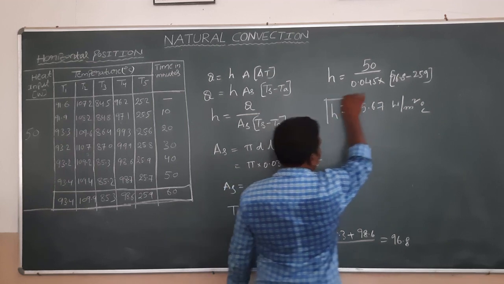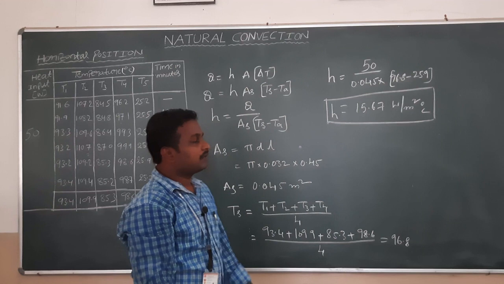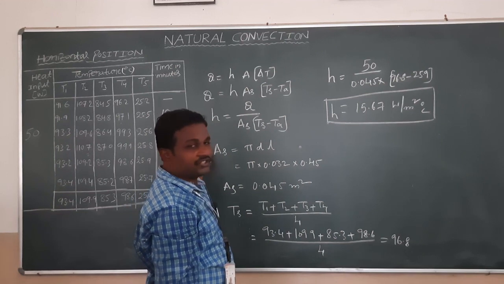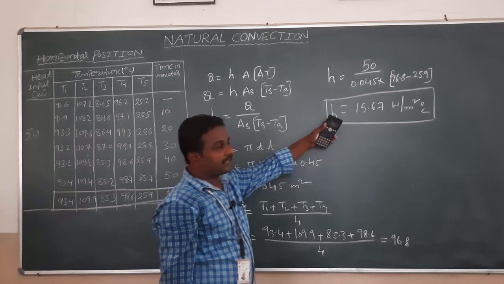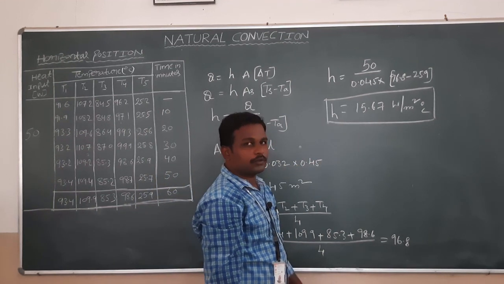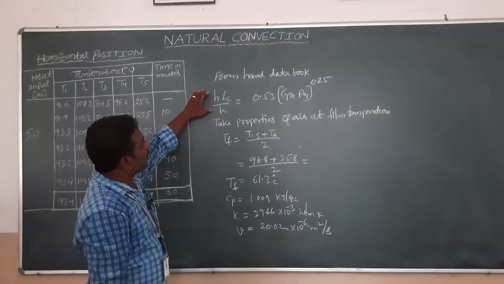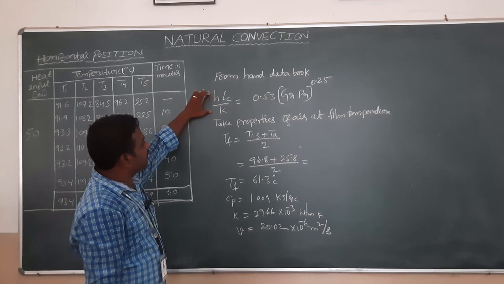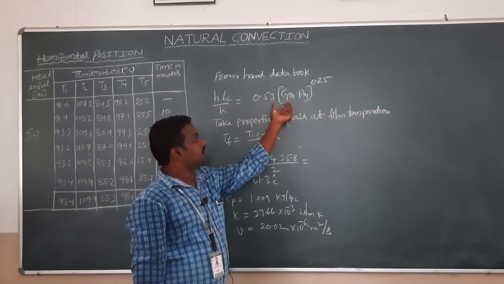This is the heat transfer coefficient value obtained practically, keeping the rod in horizontal position. So, calculate the heat transfer coefficient value theoretically also by using the heat data book. From the data book, the theoretical value is like this: h Lc by k equals 0.53 into (Gr times Pr) to the power 0.25.